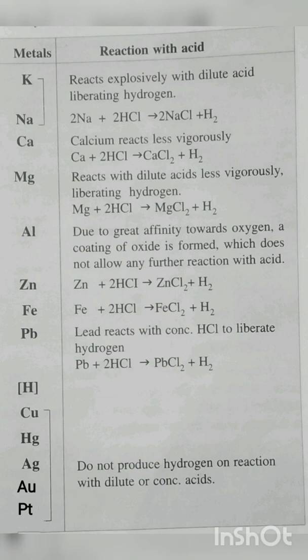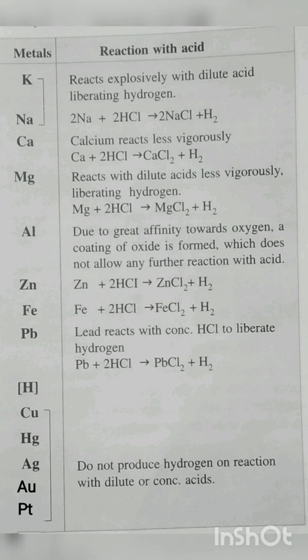Zinc and iron do react with dilute acids, but the reaction is very slow. Lead does not even react with dilute acids. So zinc, iron and lead react with concentrated acids to produce hydrogen.